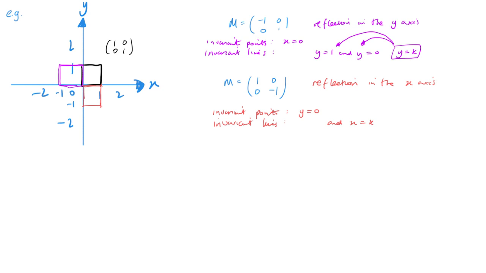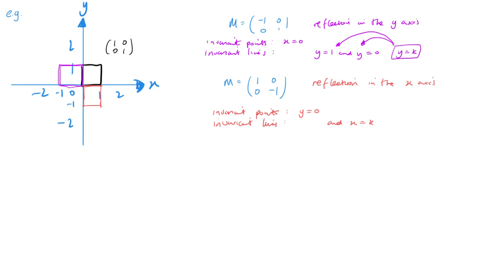And then when we look at the reflection in the x-axis, all the points that are on the x-axis, so on y equals 0, will stay exactly the same, the x and y coordinate. But then all the lines x equals a value will stay the same because the x coordinate will remain the same, but the y coordinate will change.